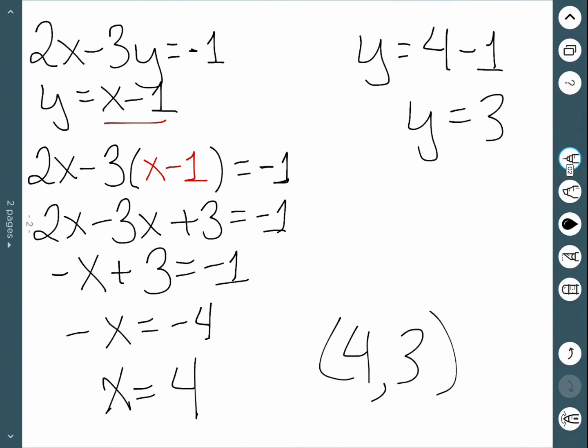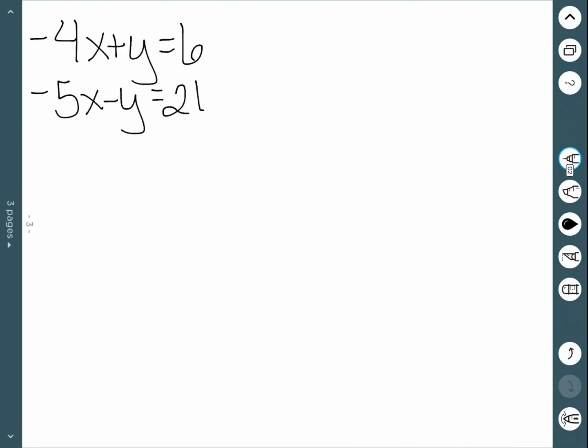And these two examples were actually quite nice because we already had one of the equations that said y equal to something, but oftentimes that's not what we're given. In this case, we don't have y equal to something or x equal to something, so we can't use the same method that we were using before. So essentially this requires just one extra step of taking one of the equations and solving for a variable.